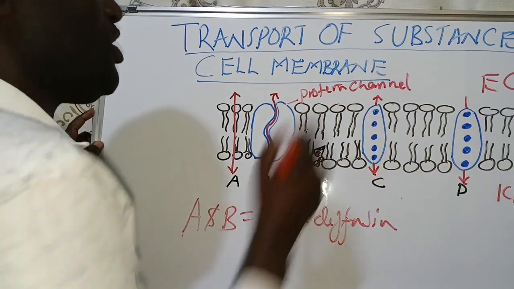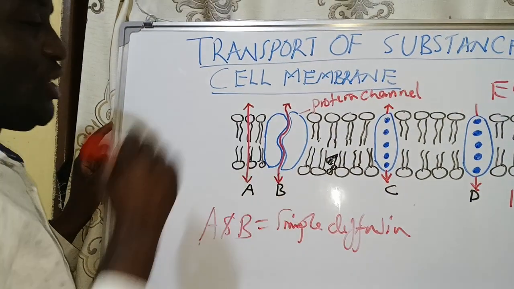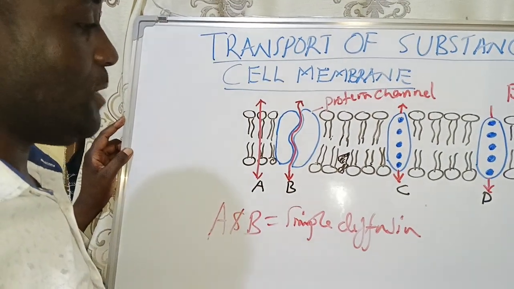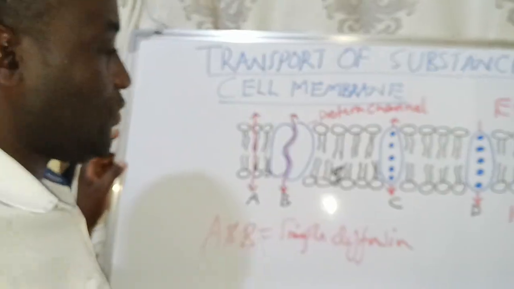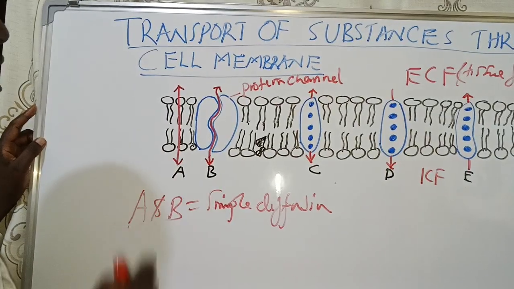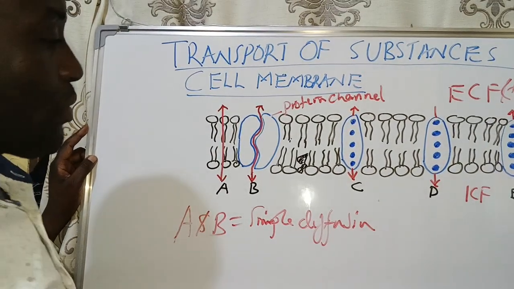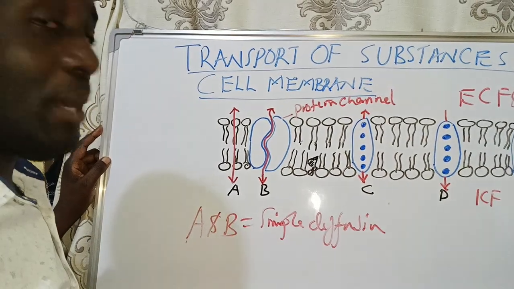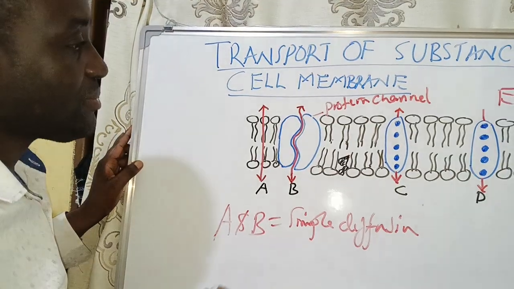This is a protein channel because it contains a channel, meaning this substance B, for it to cross this membrane, cannot pass through the phospholipid bilayer, but has to pass through the protein channel because of some reasons we are yet to discuss.